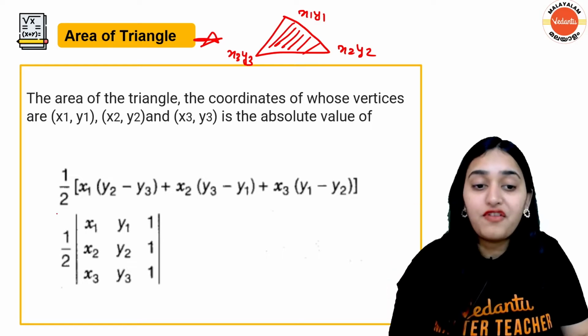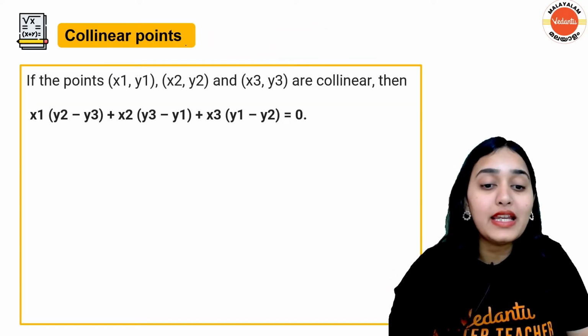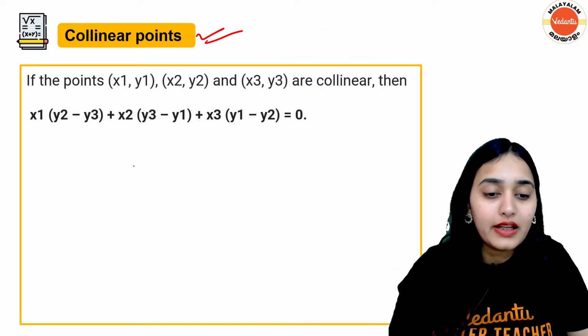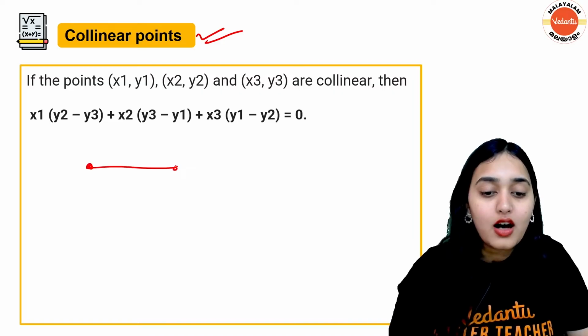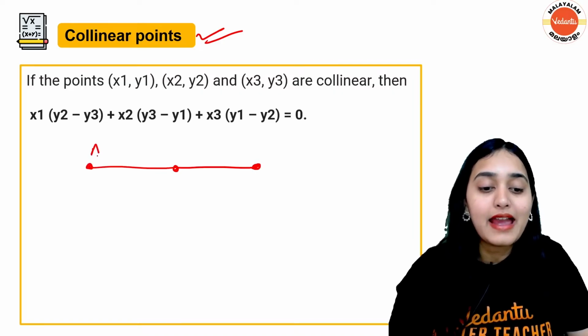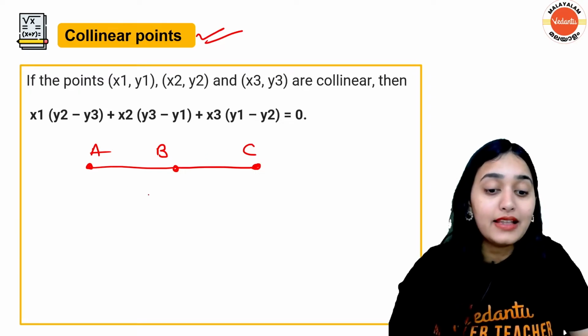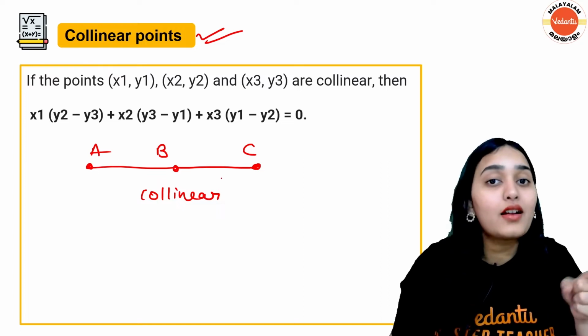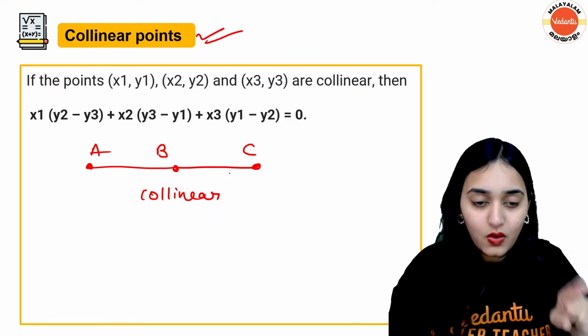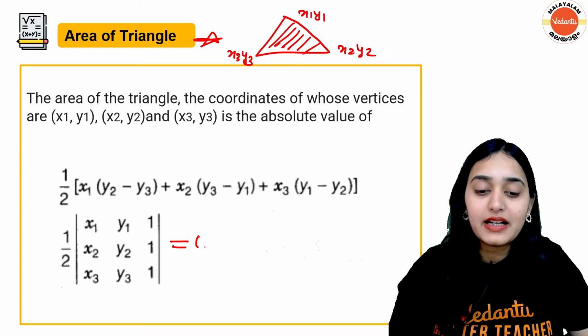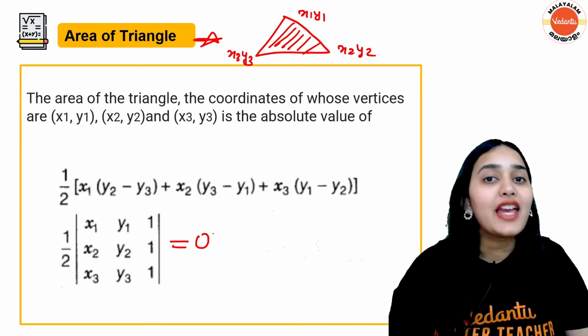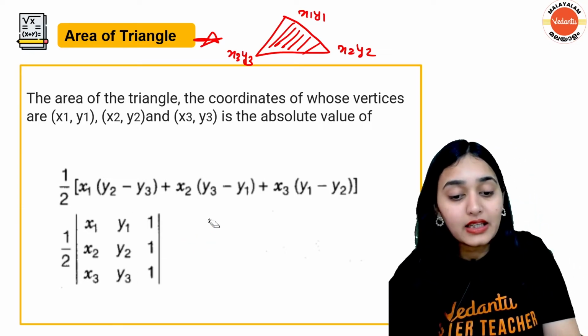Now based on this formula itself, we have collinearity of points. What is collinearity? If all 3 points lie on the same line, then they will not form a triangle. They are collinear basically. Now how to prove that they are collinear? They are collinear if their determinant is equal to 0. If the area is 0, then they will be collinear.